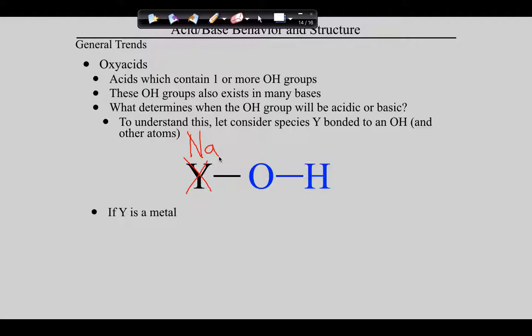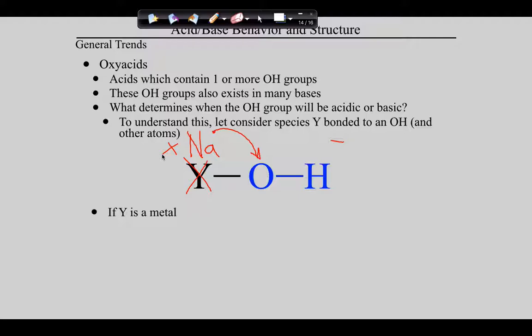What do you know about the electronegativities of metals? Very low, right? So is sodium going to be strong enough to create a greater polarity in that bond? No, sodium is super weak. How weak is sodium? Guys, sodium is so weak that oxygen steals its electron. This becomes negative, that becomes positive, and we just made the salt sodium hydroxide.